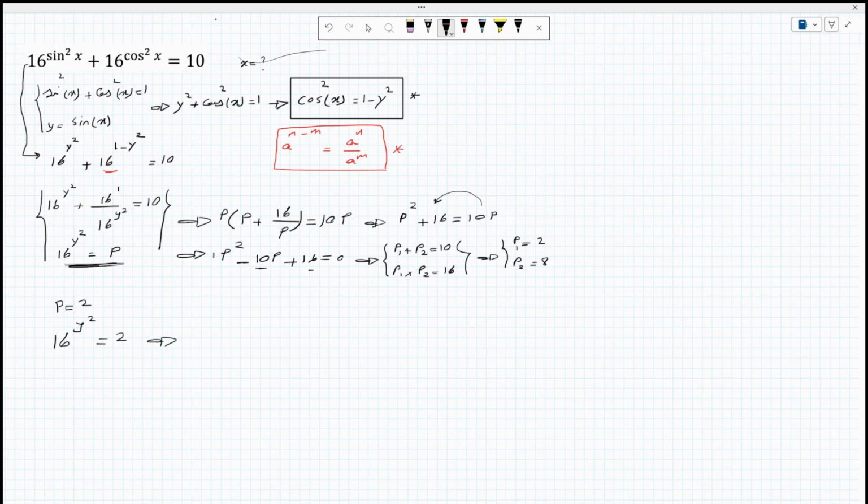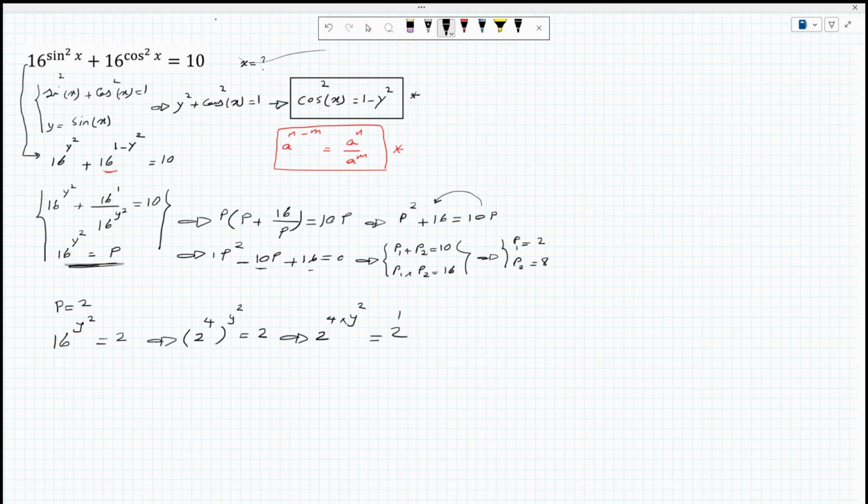Instead of 16, I can write 2 to the power of 4, in total to the power of y², equal to 2. And we know that we can write this as 2 to the power of 4 multiplied by y² equal to 2.